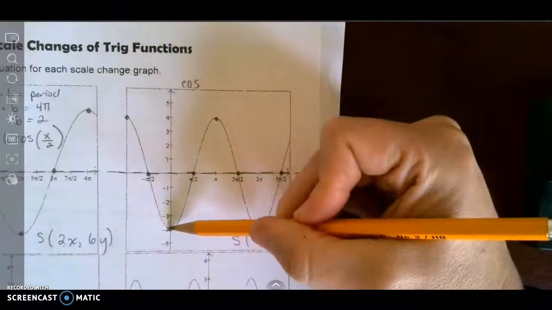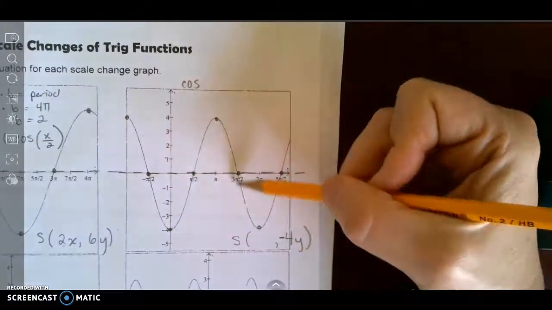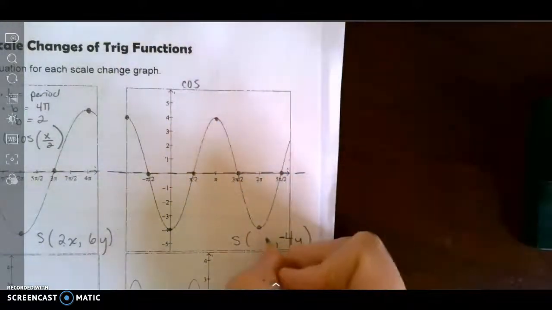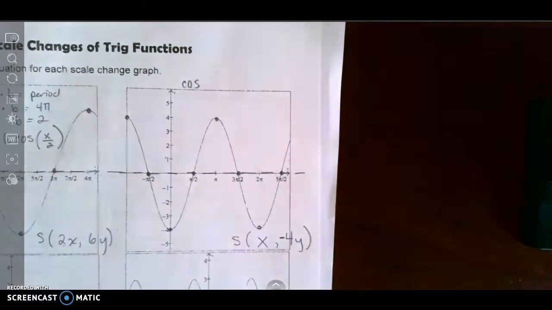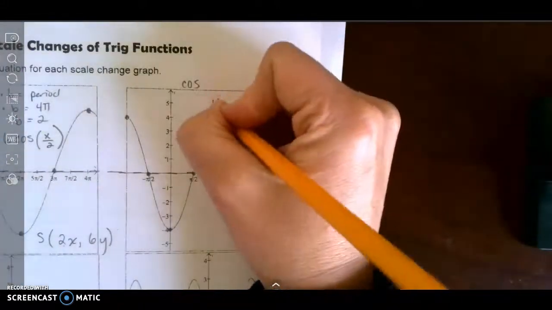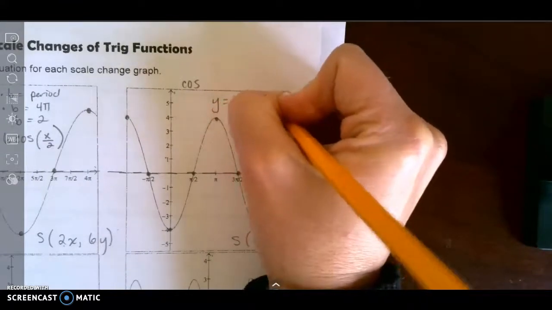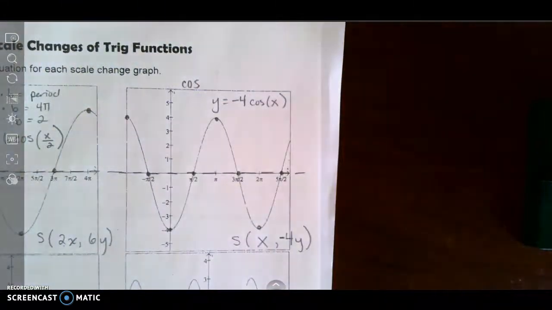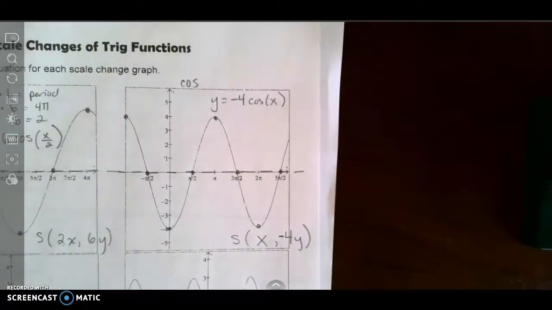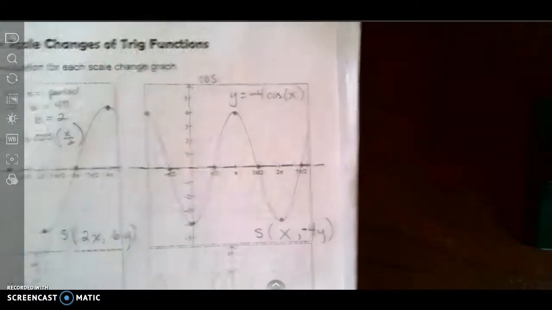And then I look at my full cosine curve, and it just takes 2 pi, so there was no change on the x. Therefore, my equation is y equals negative 4 times the cosine of x. Okay, let's go to my next graph.